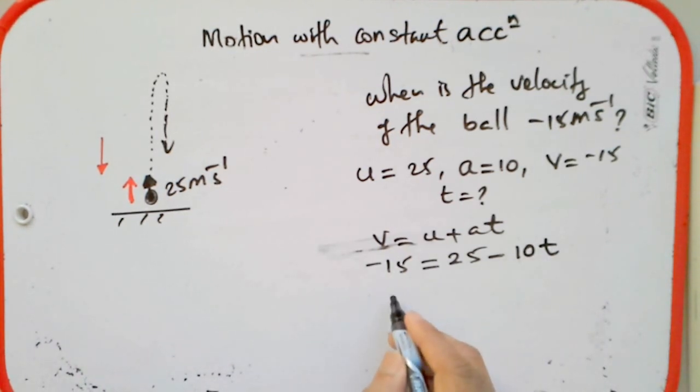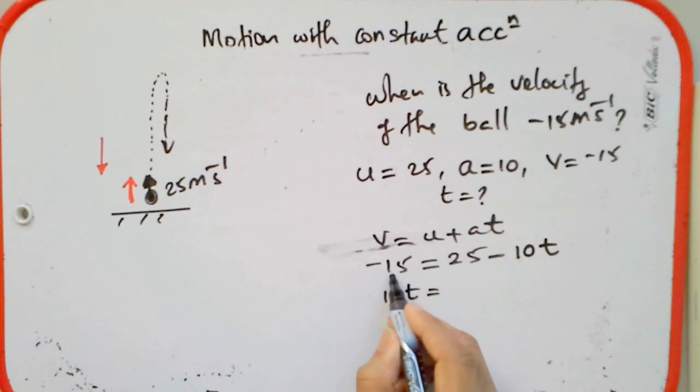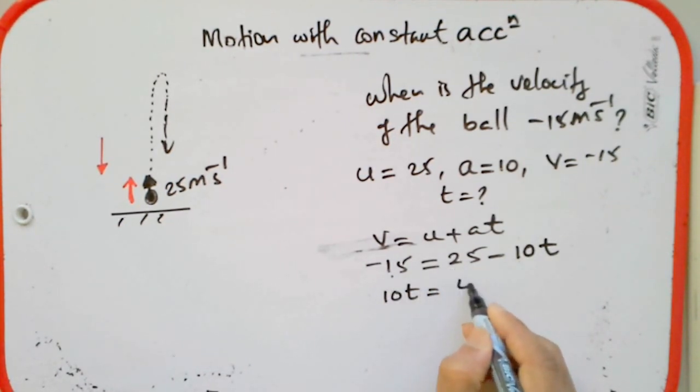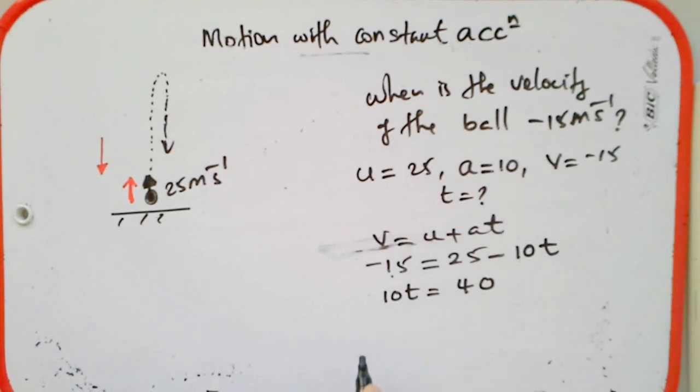If you take this 10t to this side, it will become plus 10t is equal to minus 15 minus 25, so you will get minus 40, right? Therefore t becomes 4 seconds.